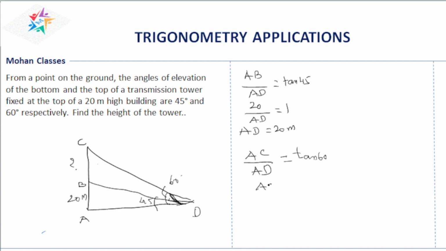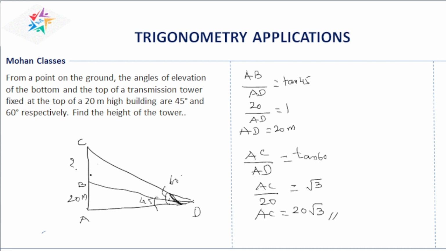So, AC by 20, what is tan 60? Tan 60 is root 3. Therefore, AC is equal to 20 root 3. Okay.